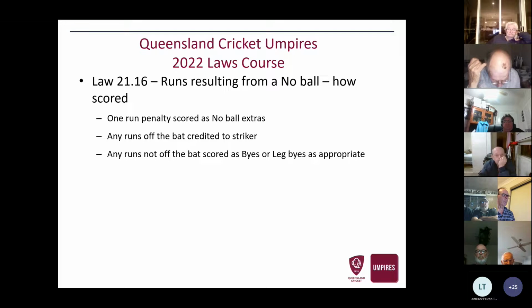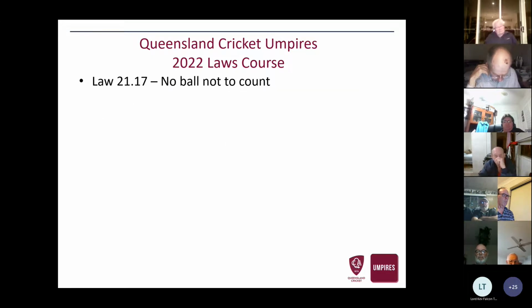21.16 is in terms of how a no ball and any runs resulting from a no ball is scored. We have the 1 run penalty scored as no ball extras, any runs off the bat credited to the striker, and any runs not off the bat scored as byes or leg byes as appropriate. And law 21.17, no ball not to count as part of the over.